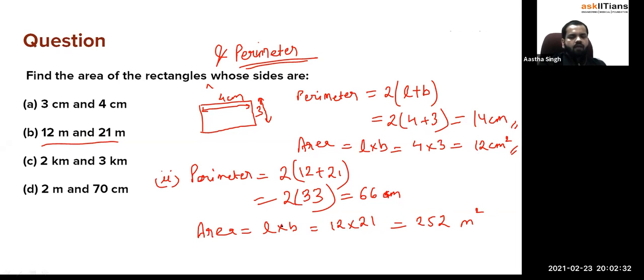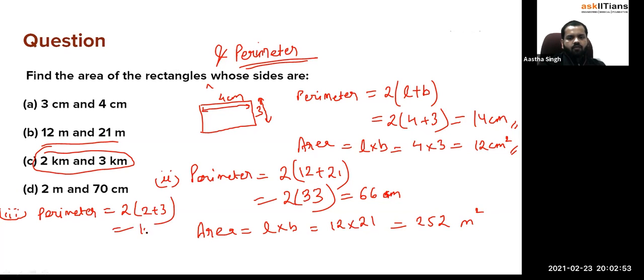I think you all have got the point, right? So likewise with the third question, your perimeter is 2 times of L plus B, 3 plus 2, 5, 5 and 5, 10. 10 kilometer will be your perimeter.